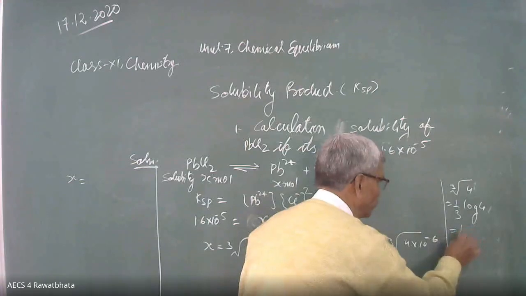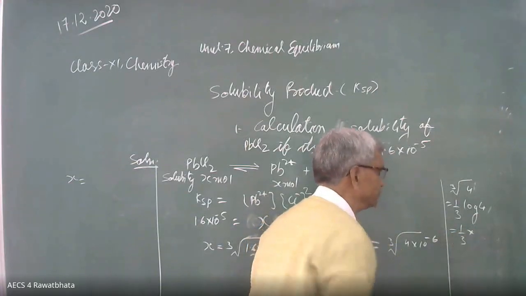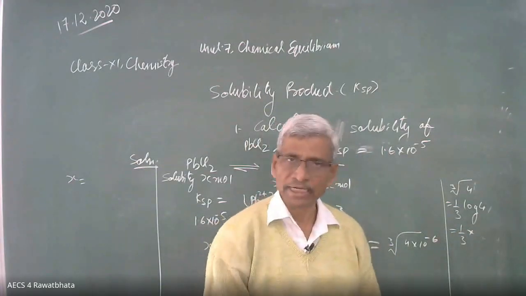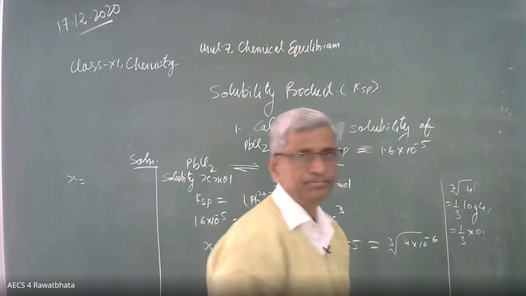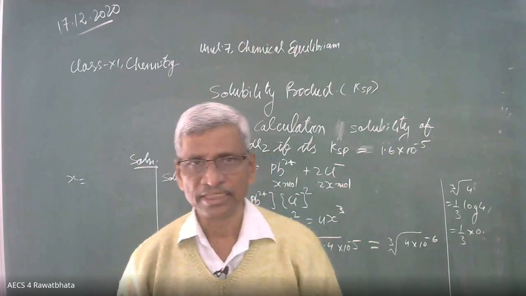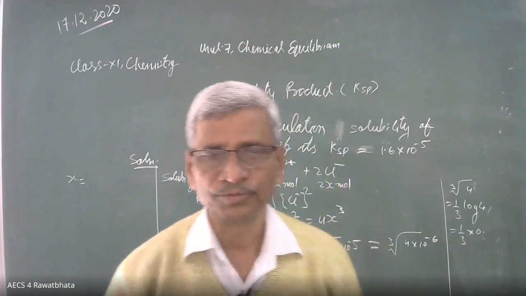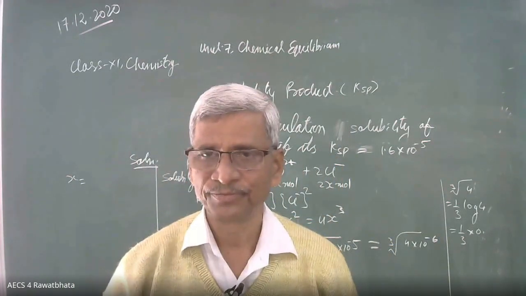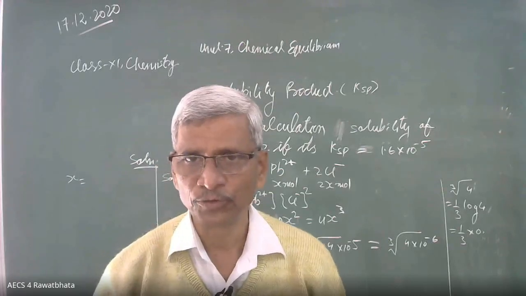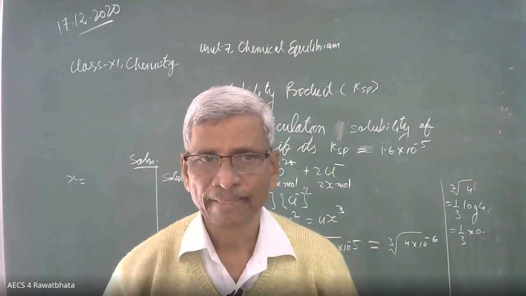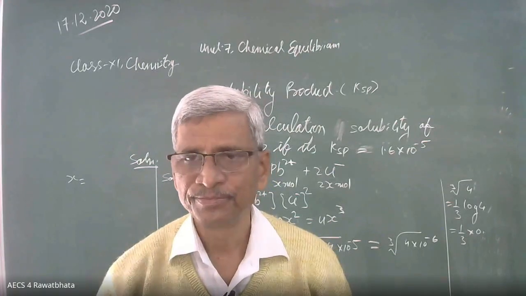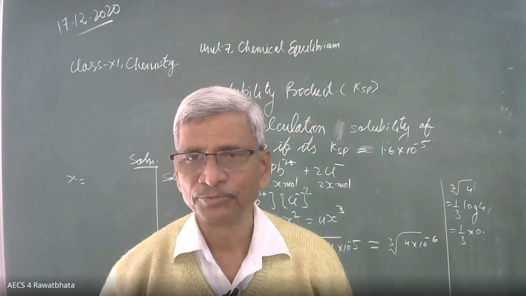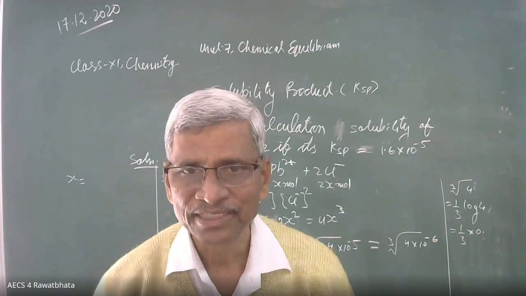This is equal to 1 by 3 into the whole number 4, one digit, characteristic 0, point. Please tell the value of log 4. It is double of log 2, 0.3010, so 0.6021.